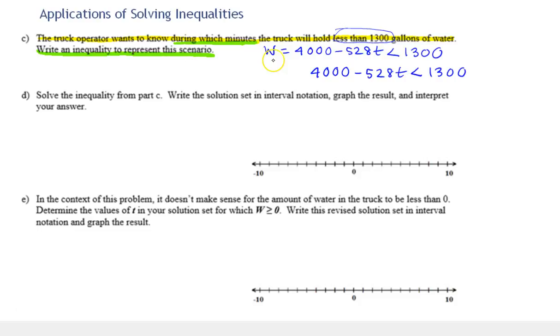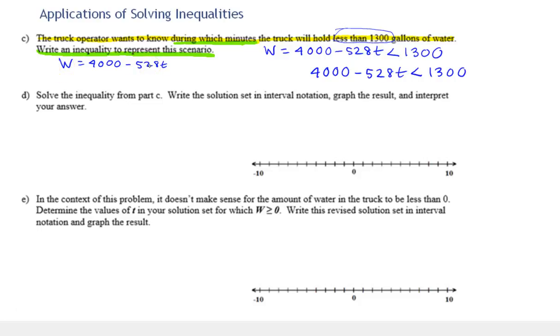Okay. Now, there's a reason I specifically wrote this way, and here's why. Lots of times when we're solving equations, so let's look at something like this. If we started with this equation, we'll say maybe find the t value for when the water is exactly equal to 1,300. And in that case, we'd replace W with 1,300, and we'd solve for t.